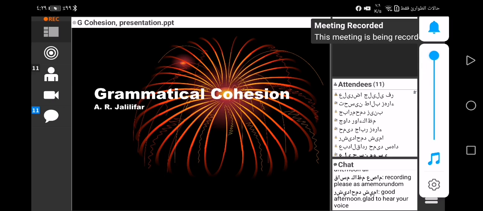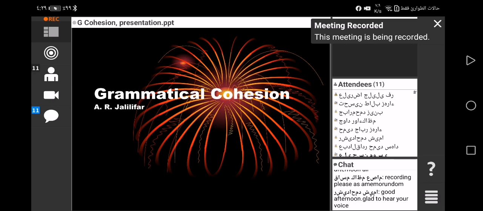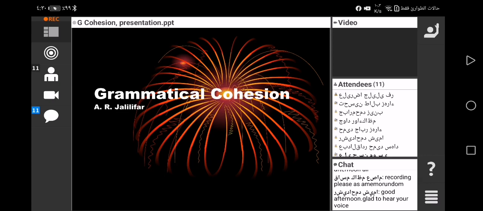Okay, I'll start with grammatical cohesion, and then I'll try to cover lexical cohesion as well if time permits. Generally speaking, cohesion has to do with go-togetherness, or how words tie with one another.